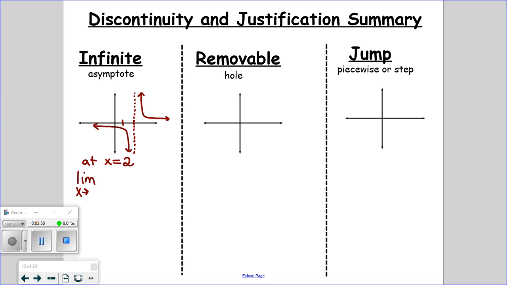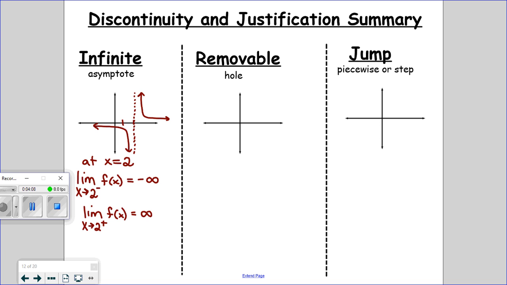So the limit as x approaches 2 from the left of f of x was headed towards negative infinity. The limit as x approaches 2 from the right of our function was headed towards positive infinity. So generically speaking, for my notes purposes, my justification is either my right or left-hand limit is going to equal an infinity.